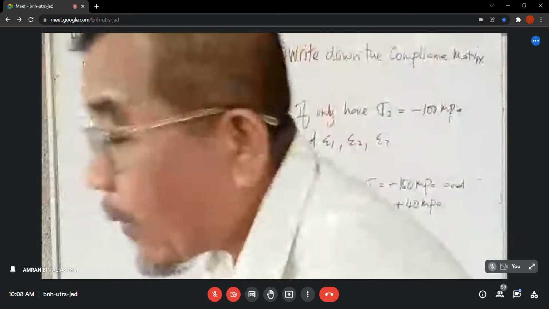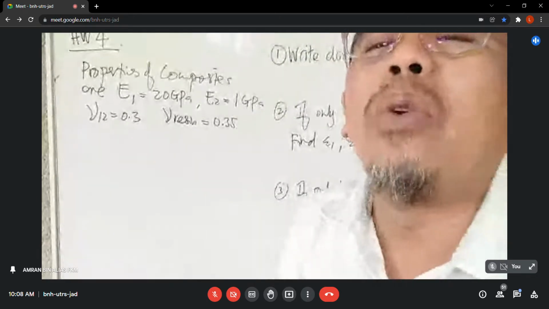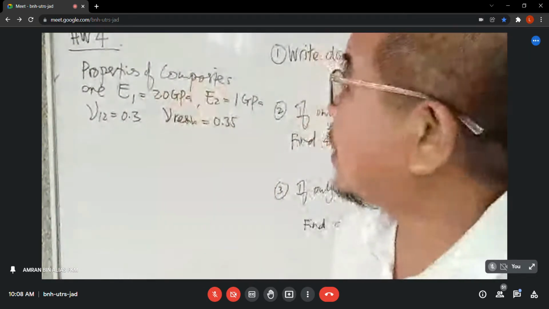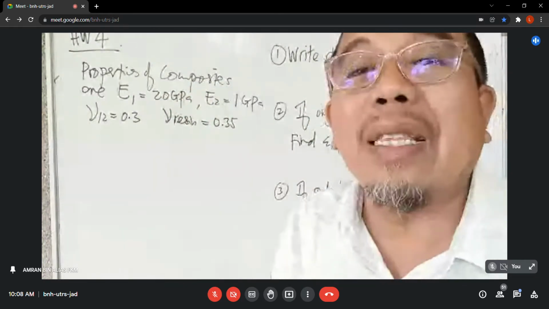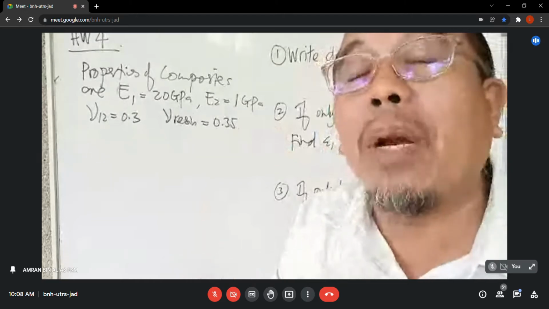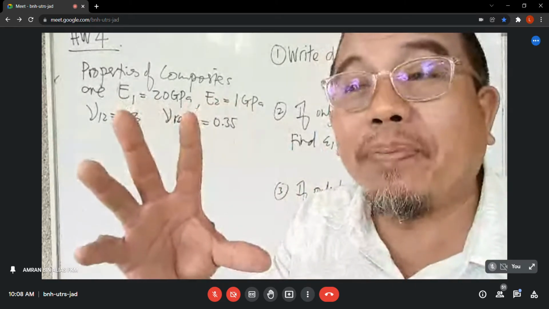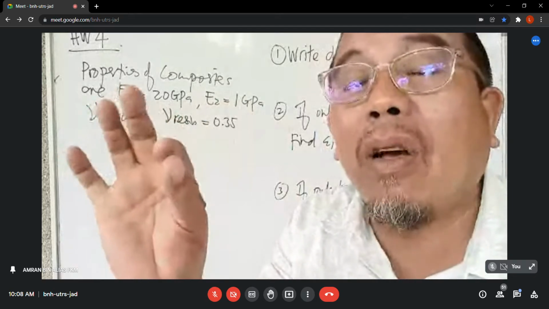Okay, so look at the balloon. The balloon has a certain thickness, right? When we give a pressure inside, what happens? It becomes enlarged, right? What about the thickness of the balloon?